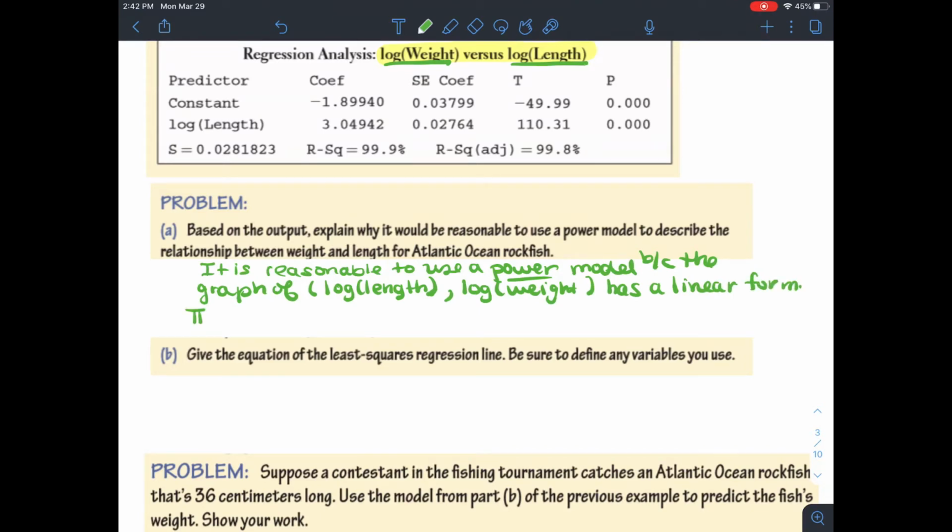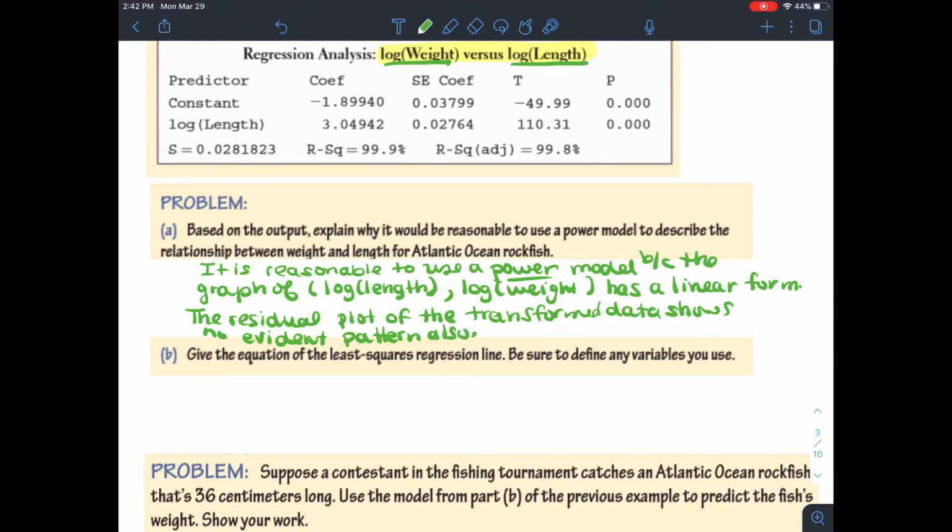I'm also going to make the comment that the residual plot of the transformed data shows no evident pattern also. Just make that additional note there.